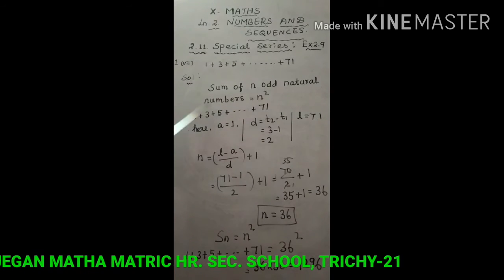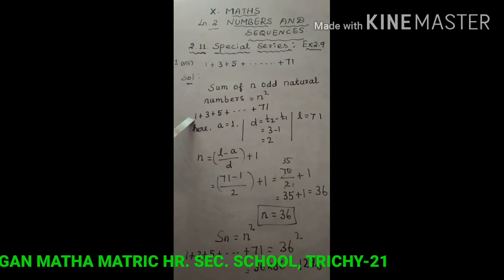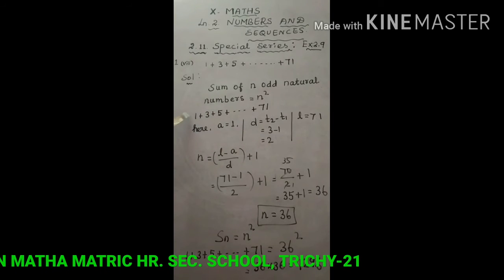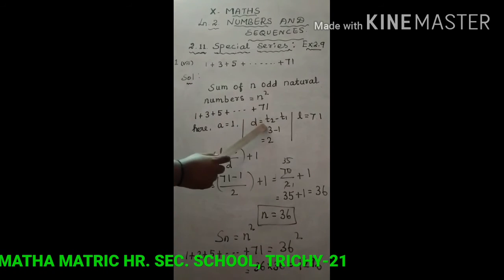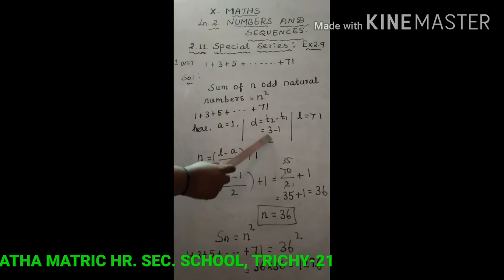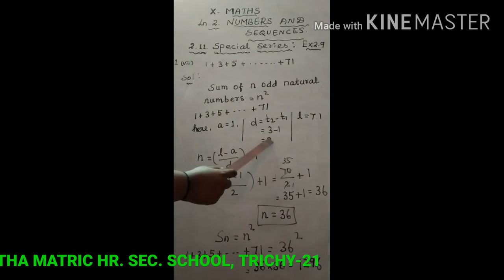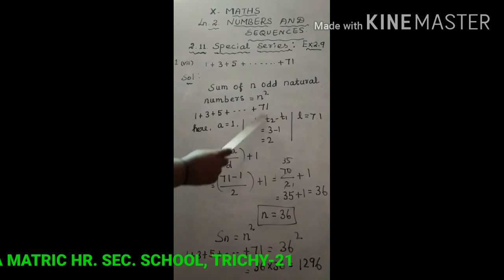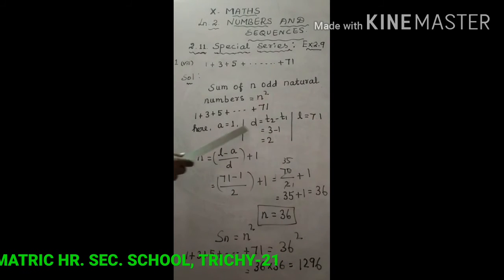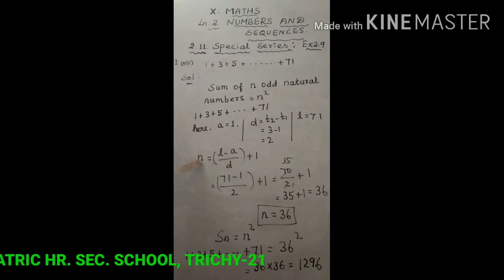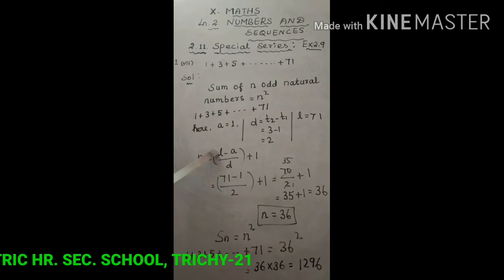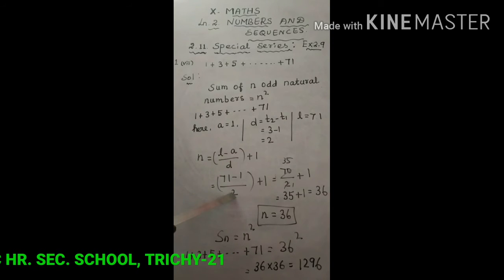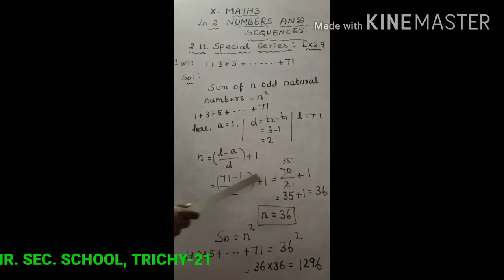So the given series first term is equal to 1. The difference we find by the second term subtracting the first term, that is t2 minus t1. So 3 minus 1 is equal to 2. The last term L is equal to 71. So all the values we substitute in this formula. n is equal to L 71 minus a is equal to 1, divided by d is equal to 2, plus 1.